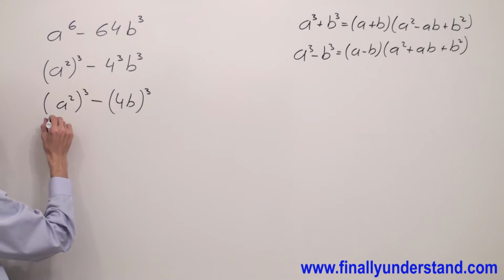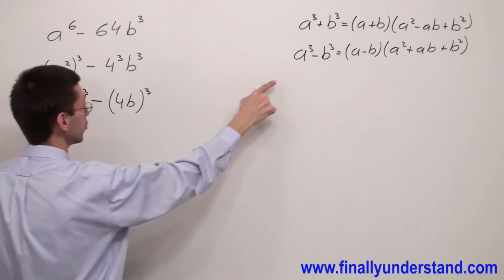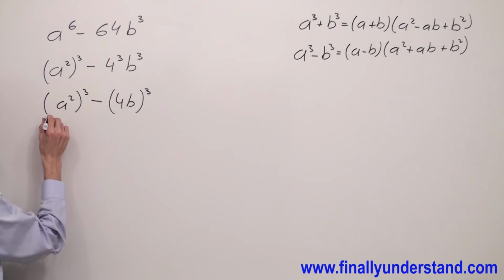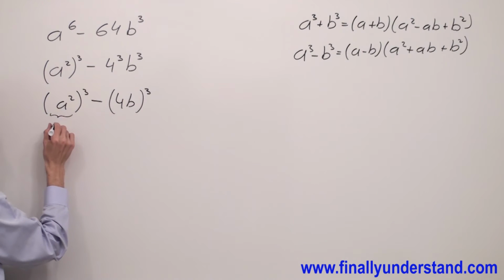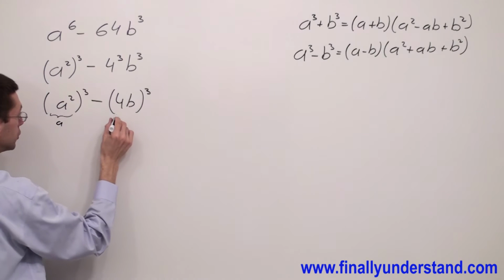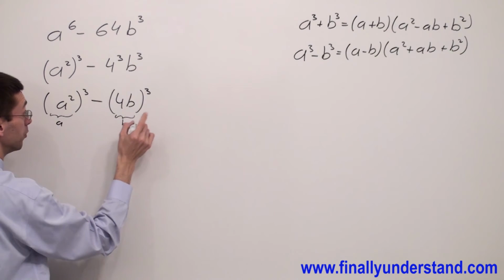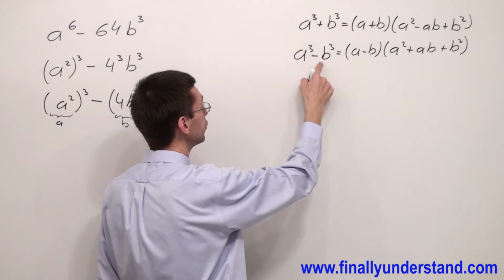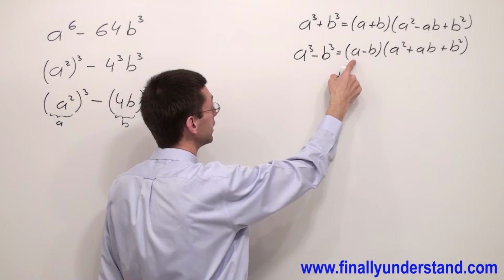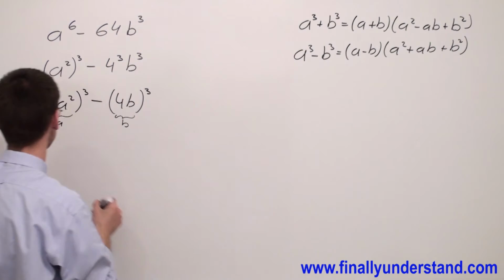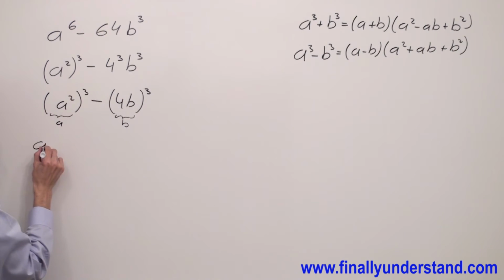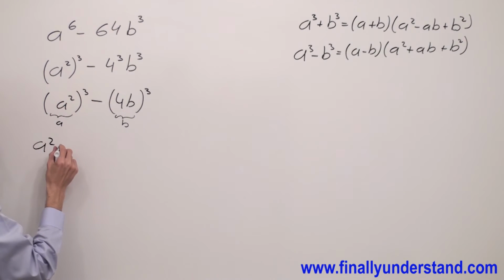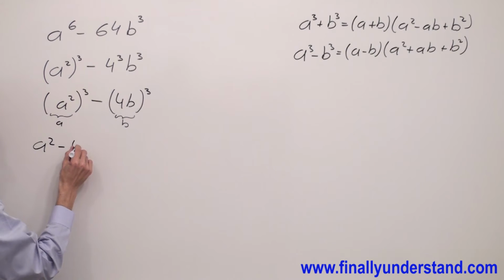Okay, now I'm going to use this formula in order to factorize this problem. This is going to be my a, and this is going to be my b. The formula says a cubed minus b cubed is equal, open parenthesis, a minus b first. So that's why I'm going to have a square, because a represents a square, minus 4b.